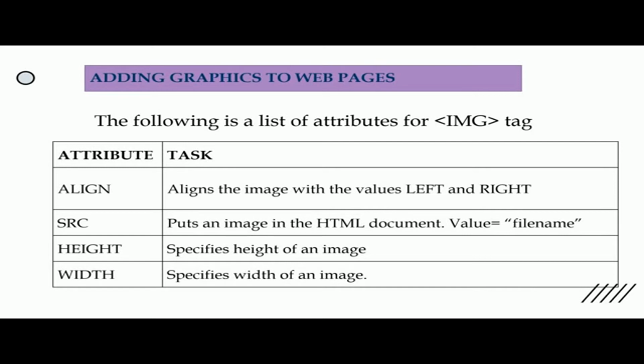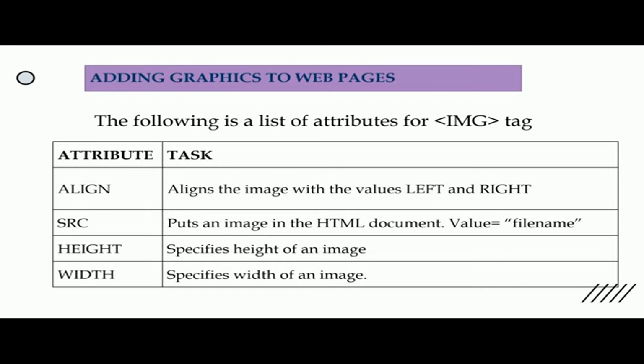Suppose we have to display the image in the center of the web page, it is better to make use of the center tag. The next attribute here is src. src indicates source, which will take the path of the image file. This we have already seen in the previous slide also.